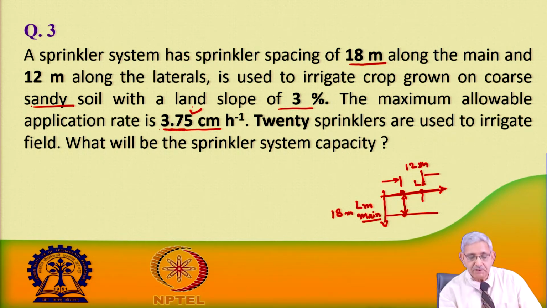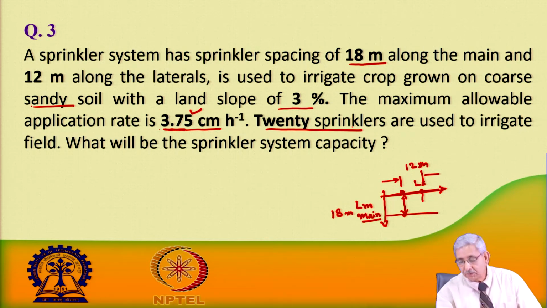So, this information is given to us, that is 3.75 centimeter per hour. Now, another information is given, there are 20 sprinklers which are used.